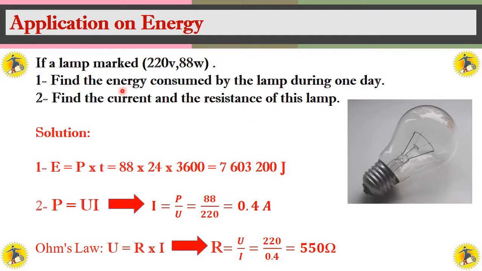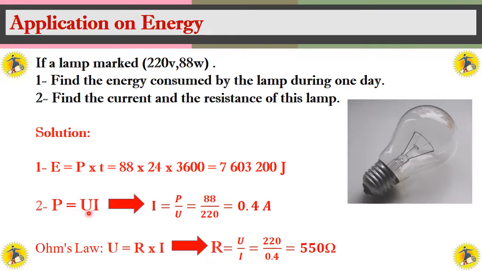First, energy equals P times T. We have the power 88 and the time is 1 day. 1 day means we have 24 hours times 3600. So we get 7,603,200 joule.